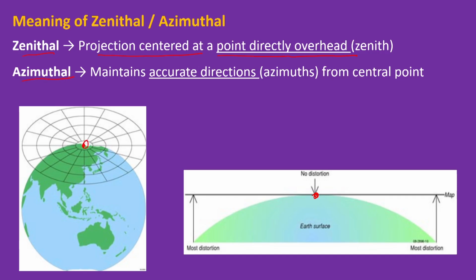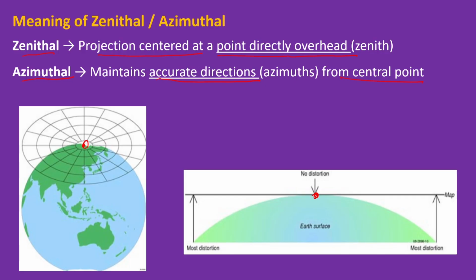When we start understanding azimuthal projection, it maintains the accuracy of direction from the center point. We already know the types of distortion: shape, area, distance and direction. Here it preserves the direction from the center point.